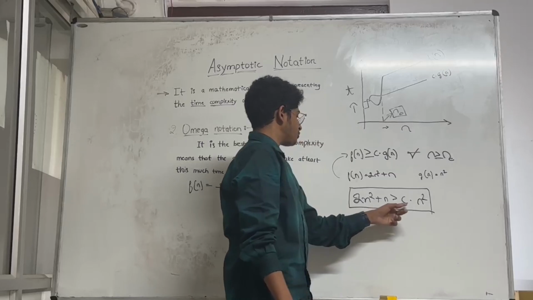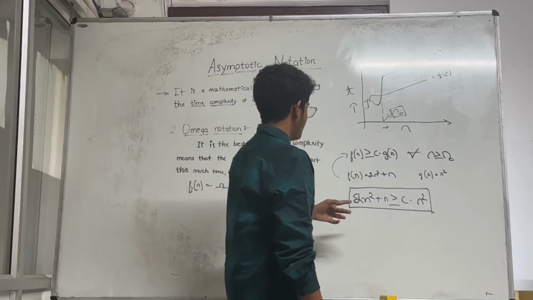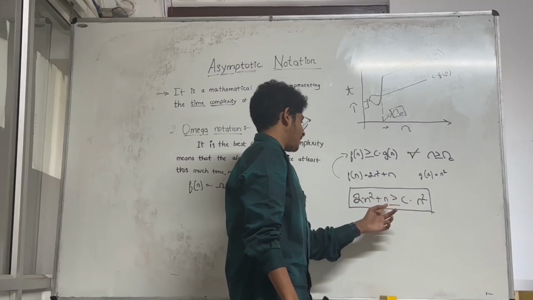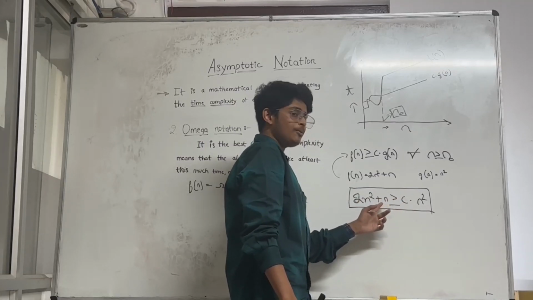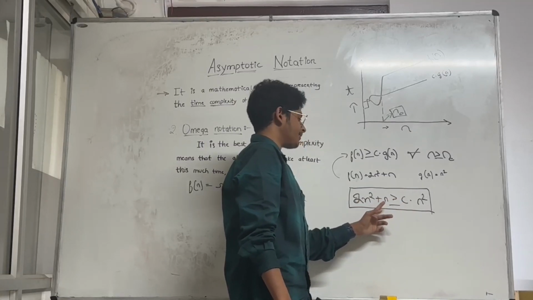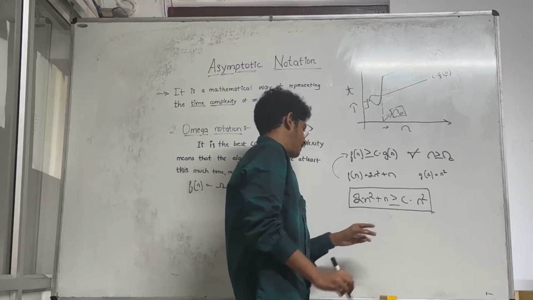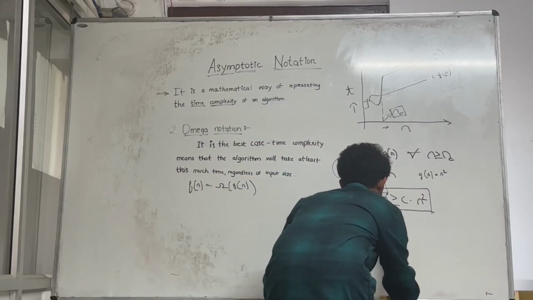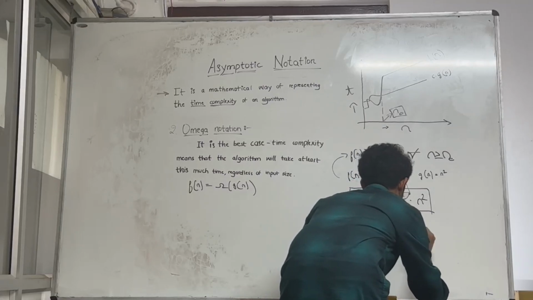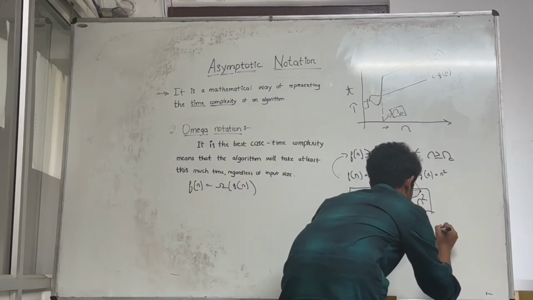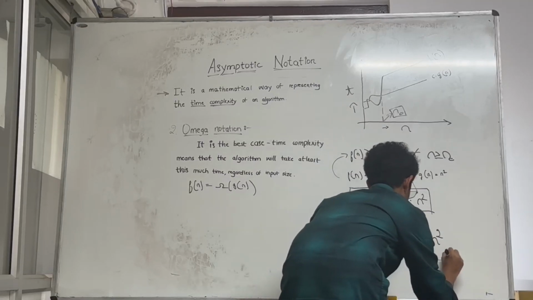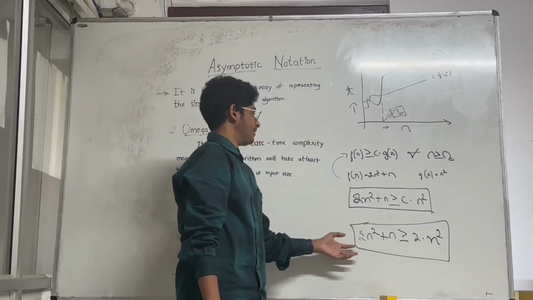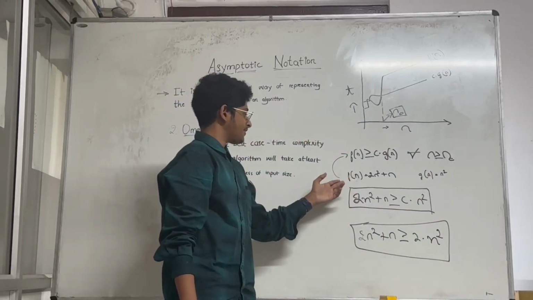In this, we have to choose the value of c very carefully, because if you consider the value of 3, then the condition will be false. So we have to take the value of c as 2 here. This is the final equation of omega notation for the example 2n square plus n.